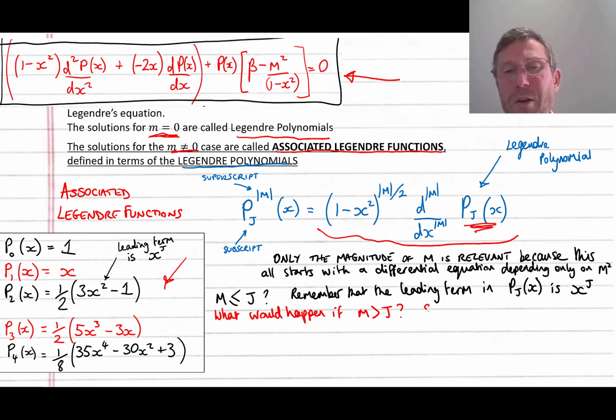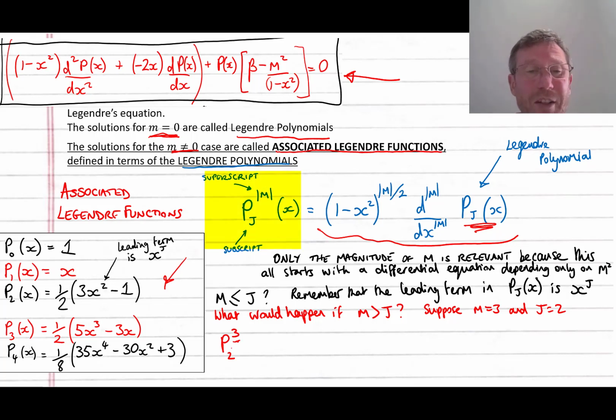Let's suppose m equals 3 and j equals 2. Let's put together an associated Legendre function. So j is equal to 2, and m is equal to 3. Our symbol for that associated Legendre polynomial, remembering that the 3 in here is a superscript and not a power term.